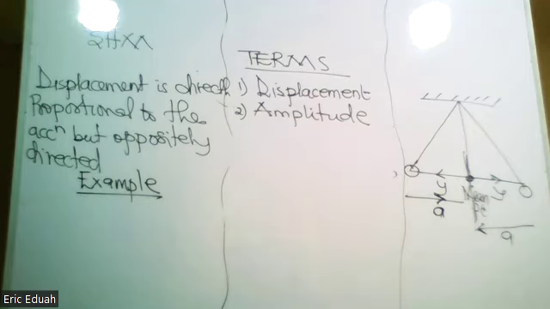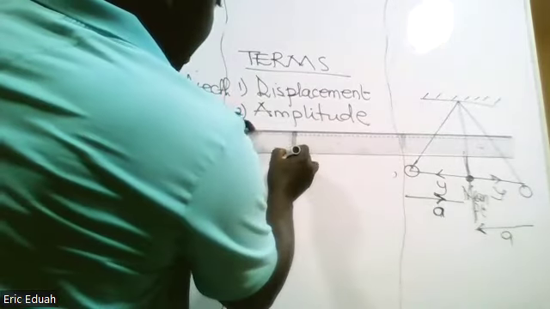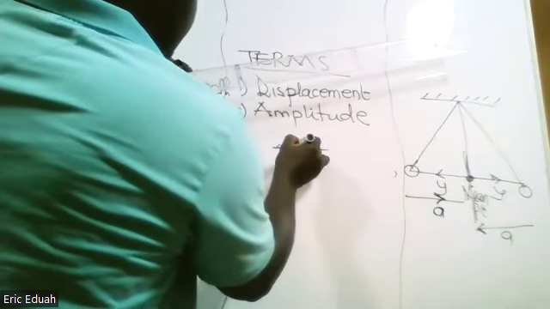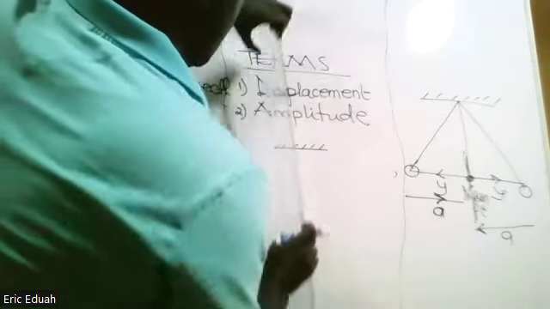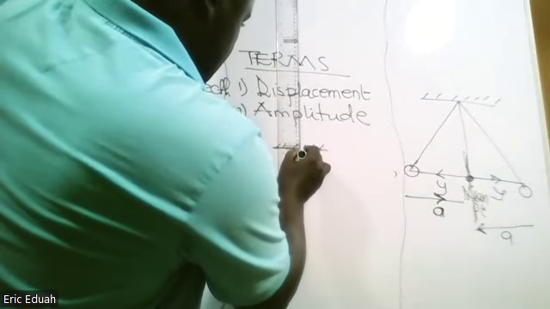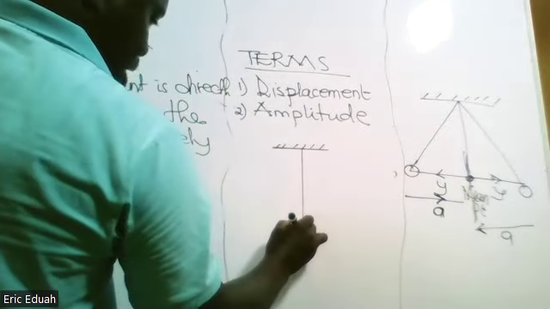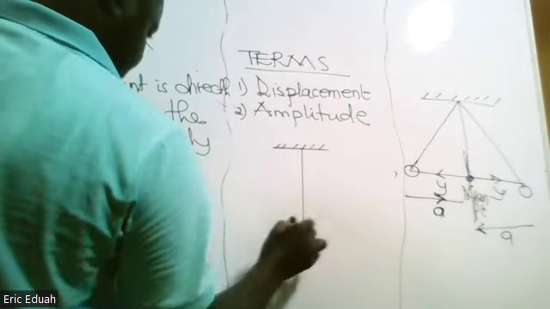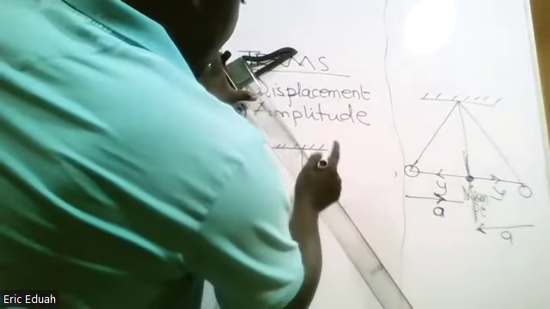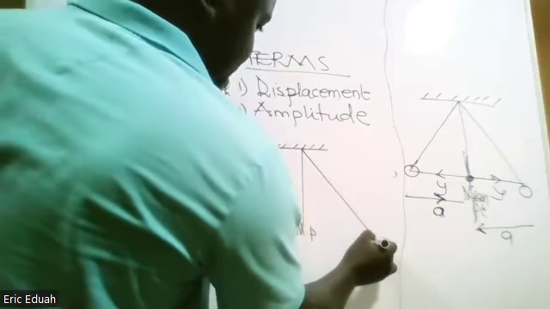So maybe, let me draw something. Mean point or equilibrium position, MP. I've given it Y amount of displacement.